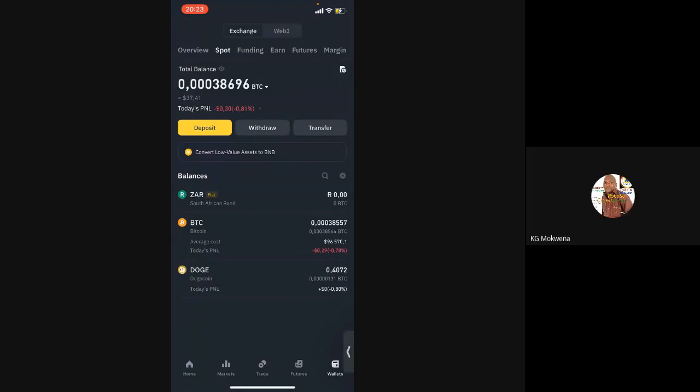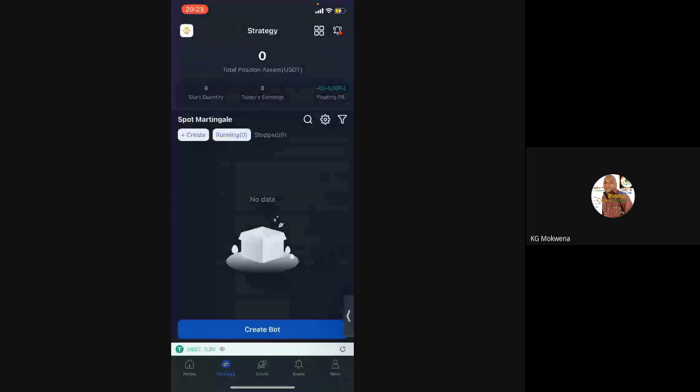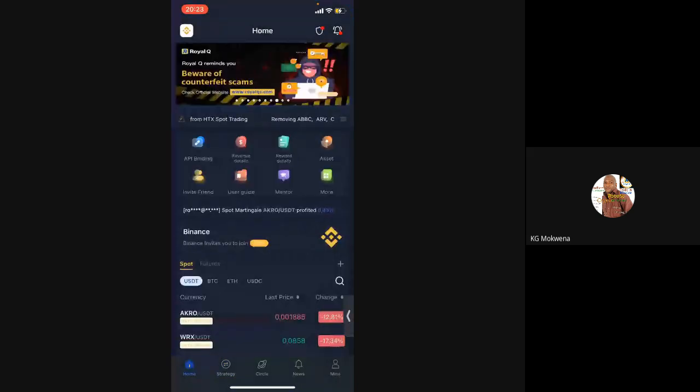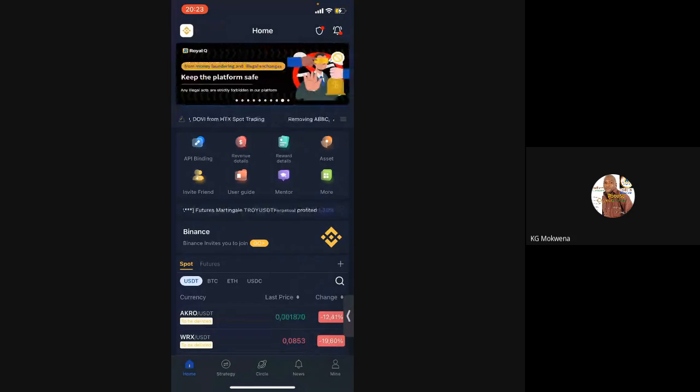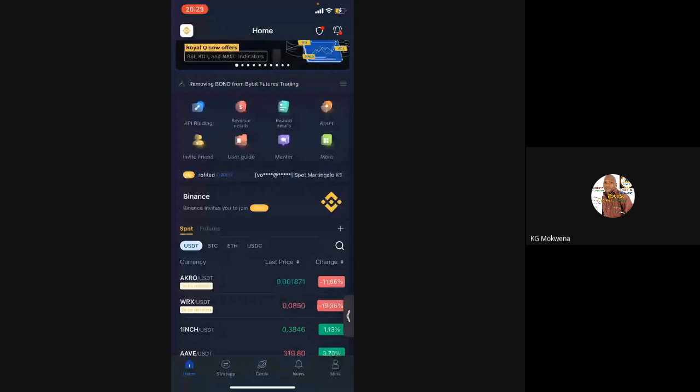Okay. Thank you. So we're asking for Mahlatse to go to Royal Q. Yes. So on Royal Q, Mahlatse, from the home page there, on the left side you see spot in yellow. Below spot, you see USDT. When you have your cryptocurrency in other assets, like Bitcoin and so forth, you will not be able to trade the USDT market.